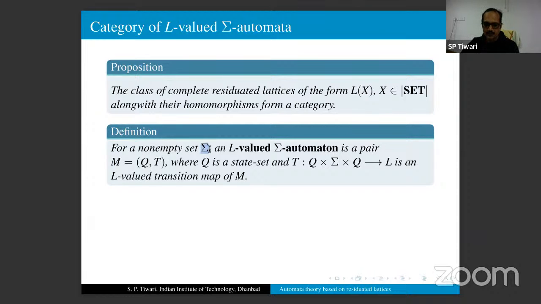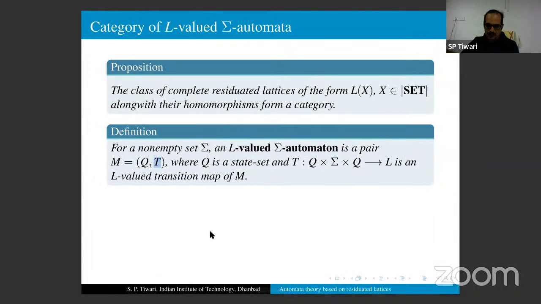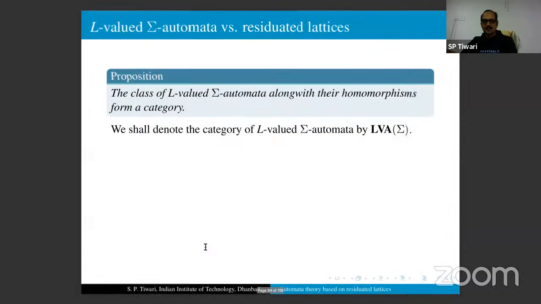We are only working with the transition map. So one can also define a homomorphism in the reduced way here, because there are no initial and final state type of things, only transitions. This is a map, just like a group homomorphism. They also form a category.